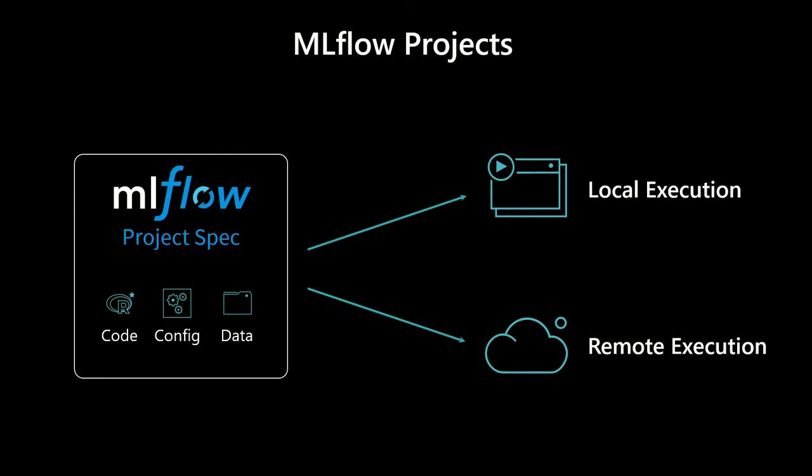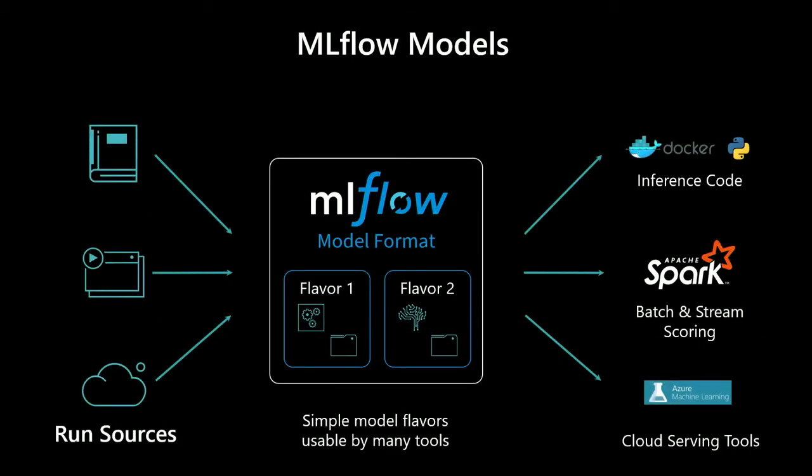I talked a bit about projects, but basically the idea is there's a YAML file that encapsulates the code, configuration and data, and then you can execute this project either locally on a laptop or remotely on an Azure Databricks cluster. So both options are supported. And finally, MLflow Models, which is the model format that I mentioned.